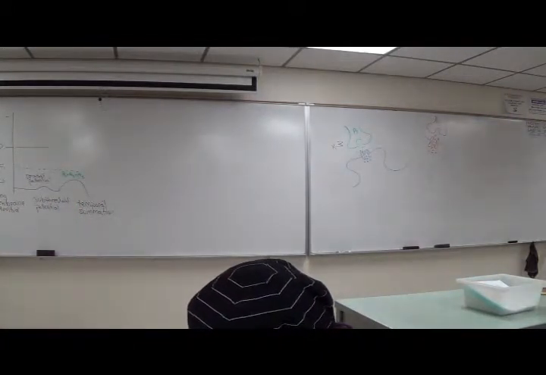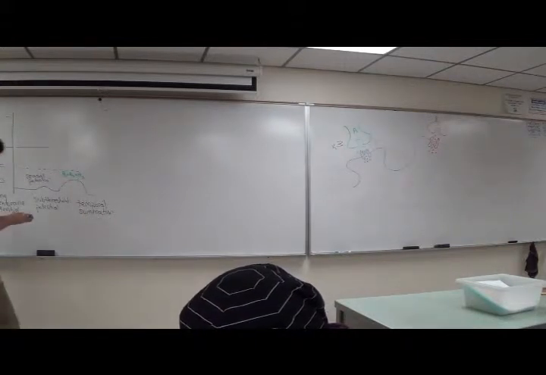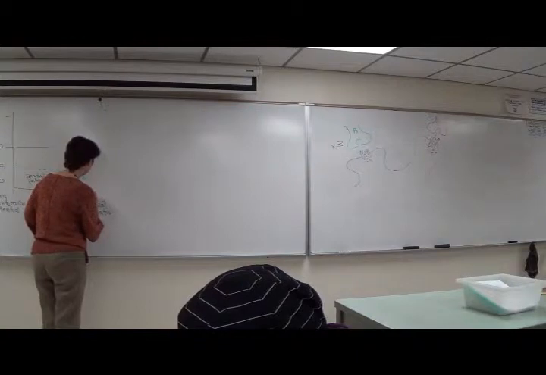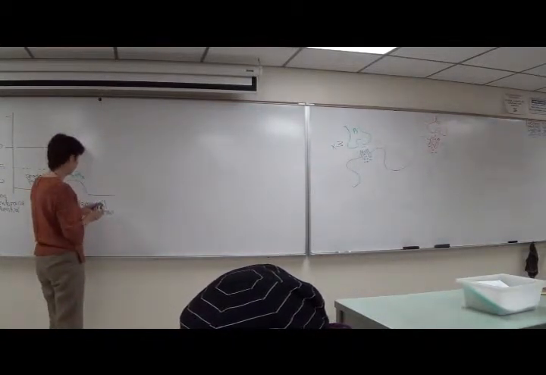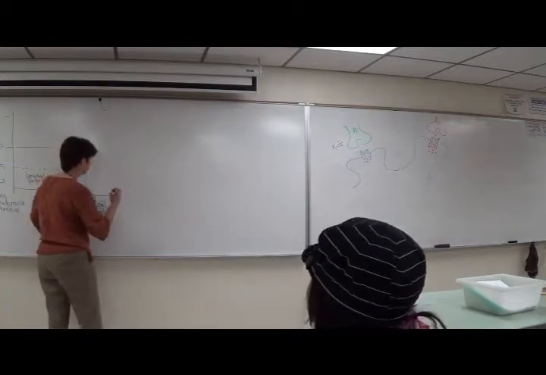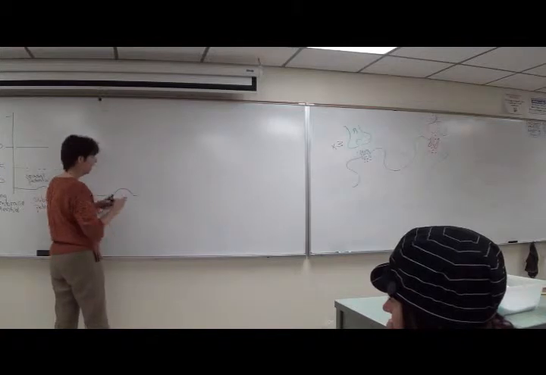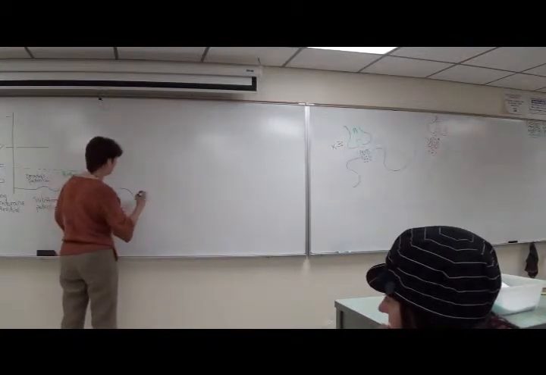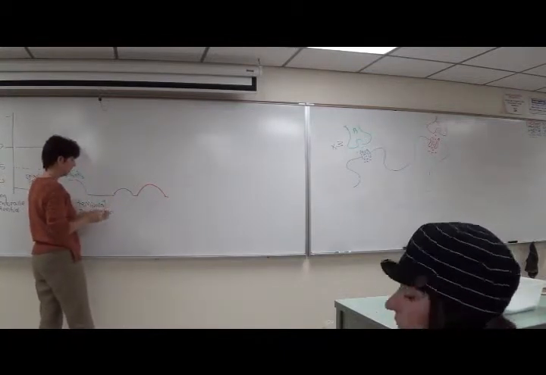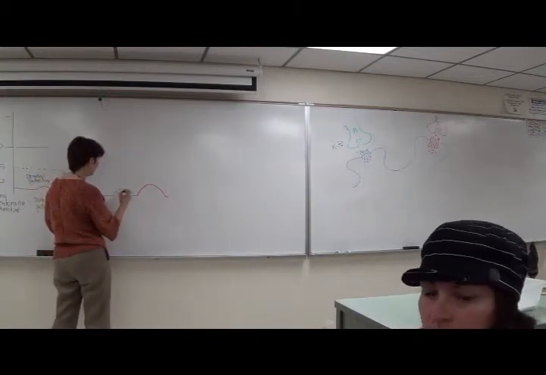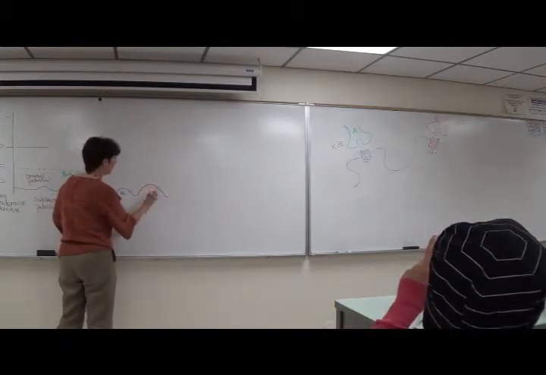Okay. So now let's have neuron A and B fire. They can both fire at the same time, right? So if each one fired by itself, let's say that's neuron A, and let's say that this is neuron B. If they each fired by themselves, they can fire at the same time.